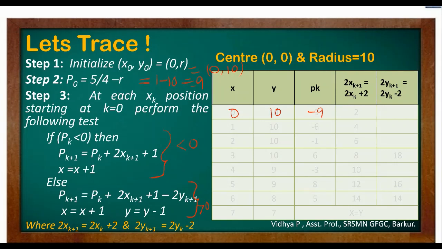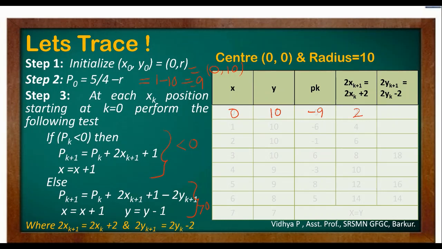Then, pk plus 1 is equal to pk plus 2xk plus 1 plus 1. We calculate 2xk plus 1, that is equal to 2xk plus 2. So 2 into 0, 0 plus 2 is 2. Since pk is less than 0, we don't want yk plus 1.